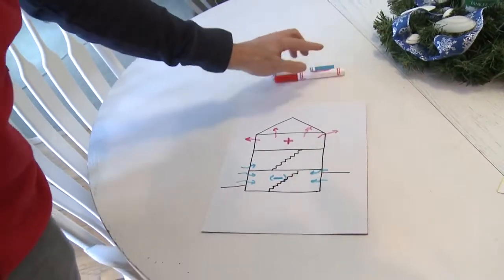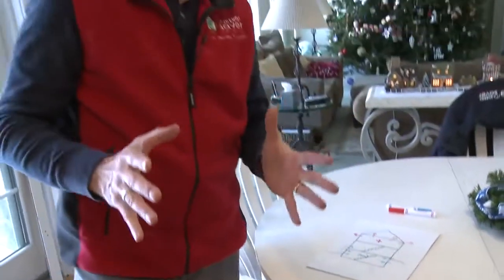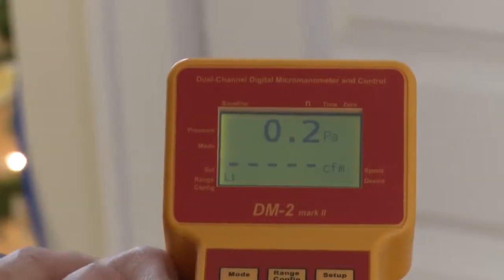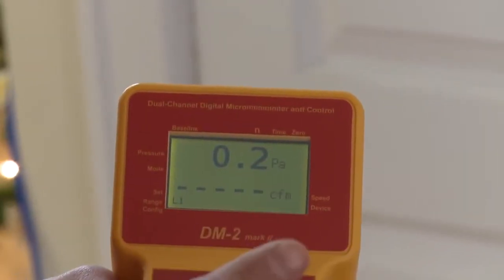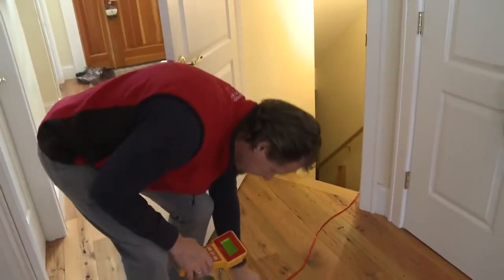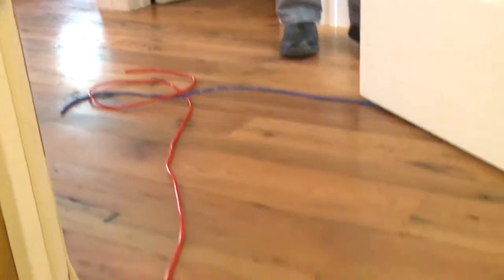Let's use a meter to quantify this stack effect. This is a digital micromanometer, and it can measure very small differences in air pressure. What we've done is taken this red hose and run it to the bottom of the basement steps.